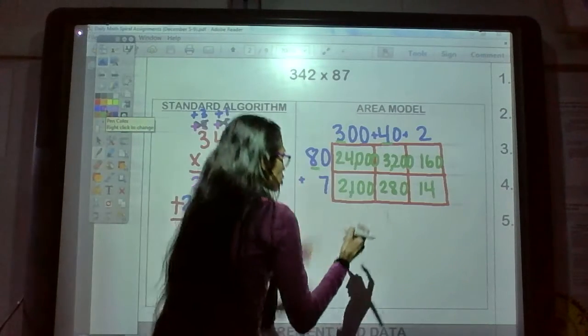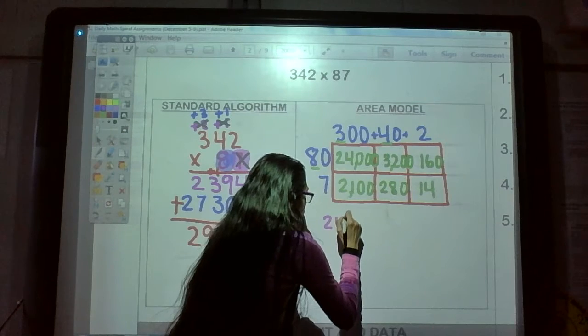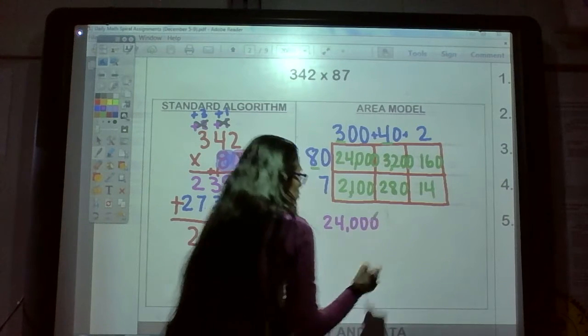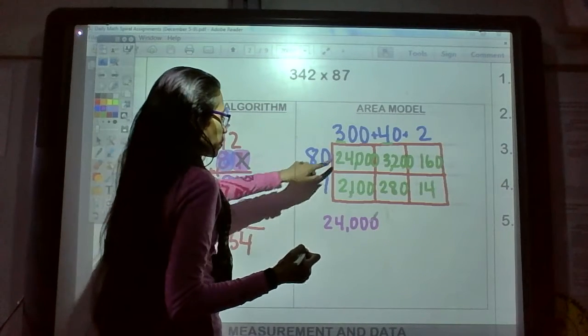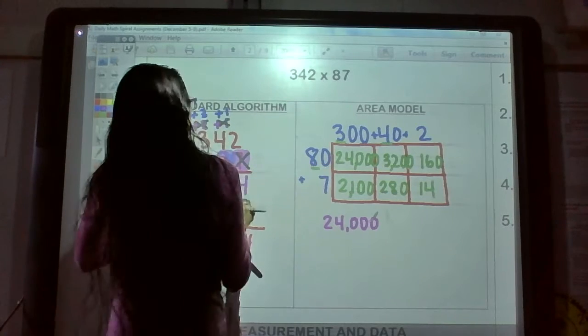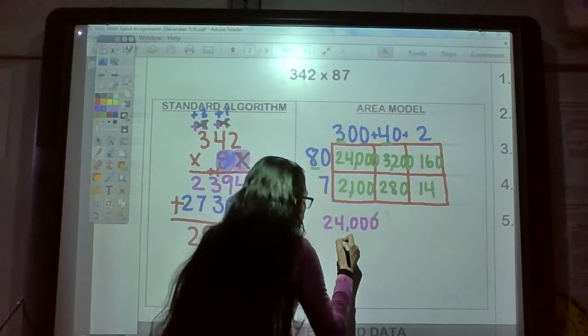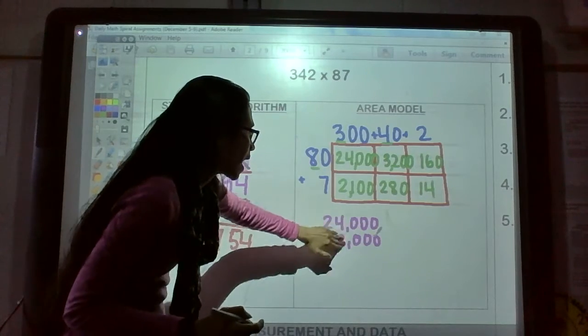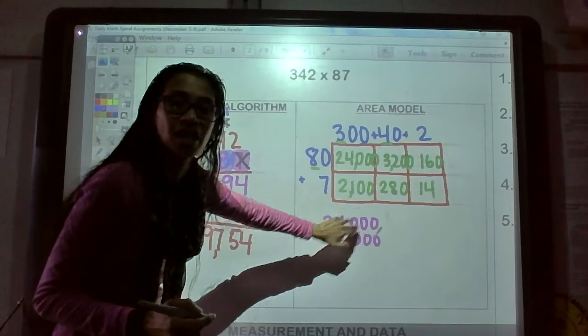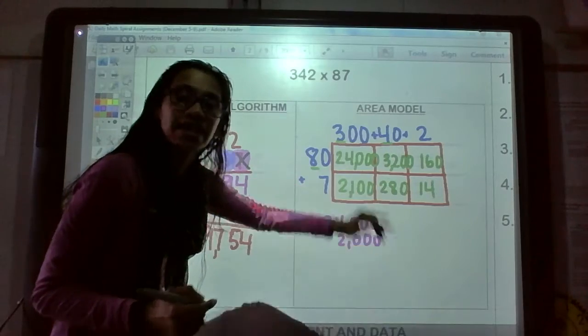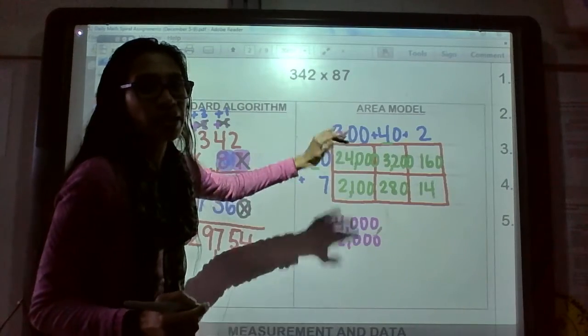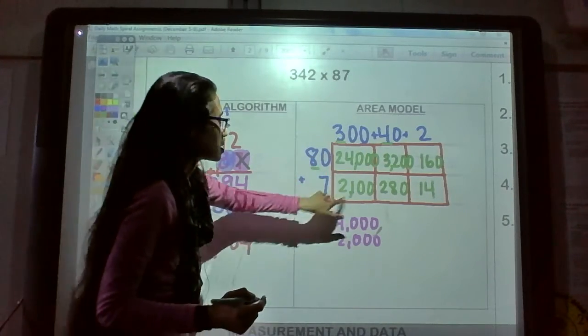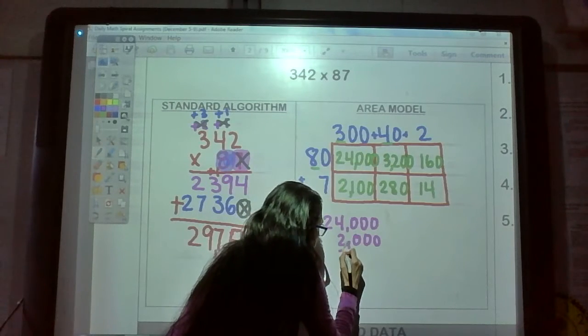Let's start with that first number, 24,000. And then this one, 2,100. So remember, they need to line up, okay? You see how my commas are lined up? The ones place line up, the tens place line up, hundreds place, thousands place, and the 10,000s. 3,200.